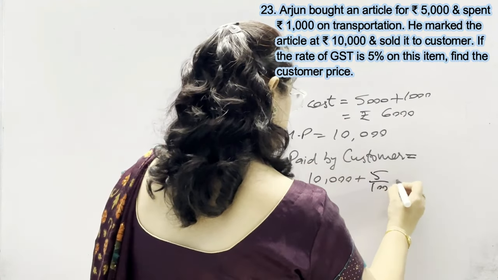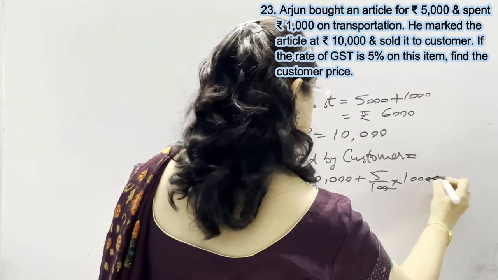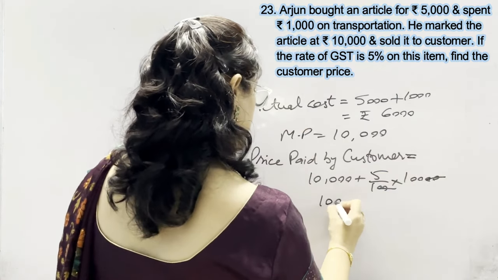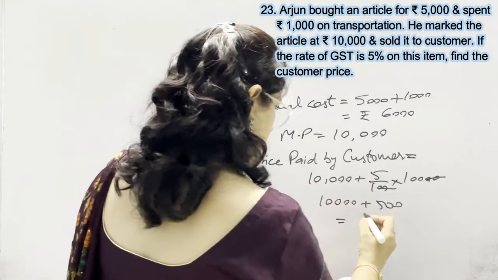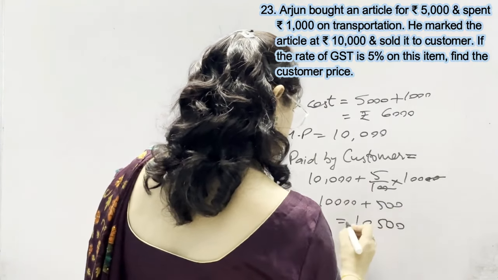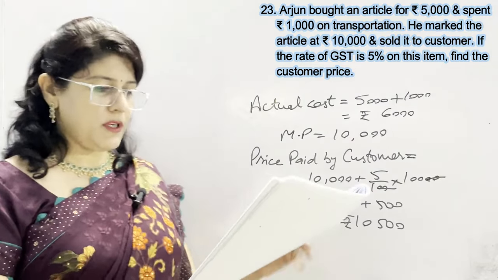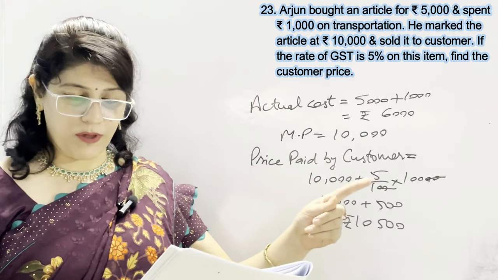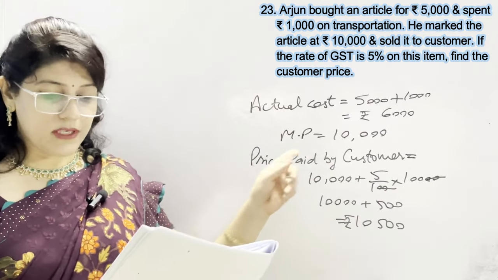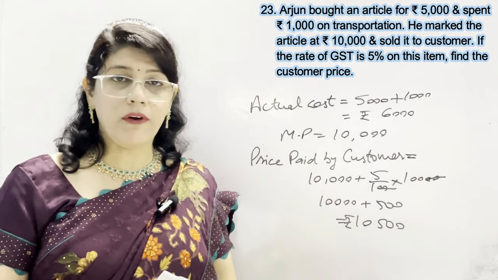So 5%, plus 500. It means 10,500 rupees customer has to pay for the article to Mr. Arjun, and Arjun has profit of rupees 4,500.